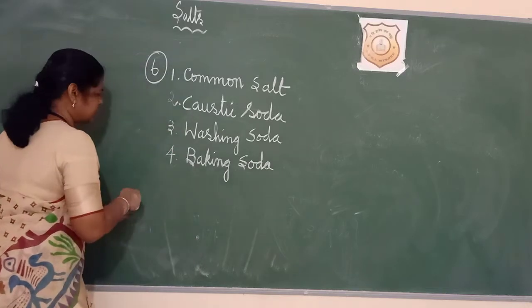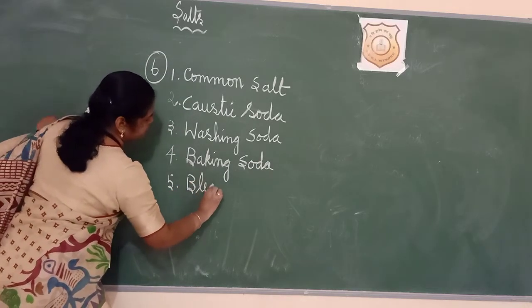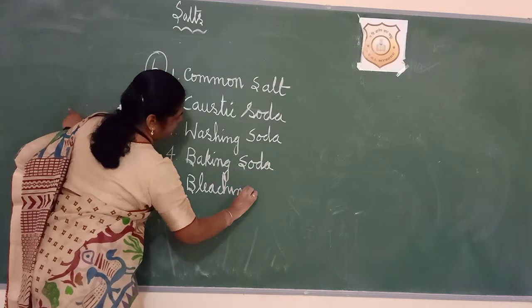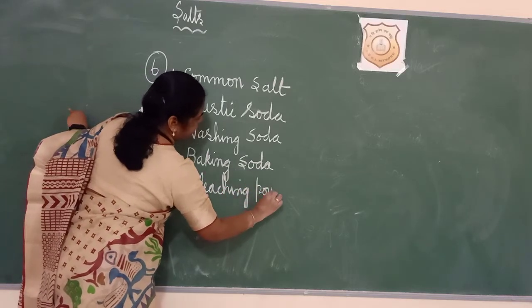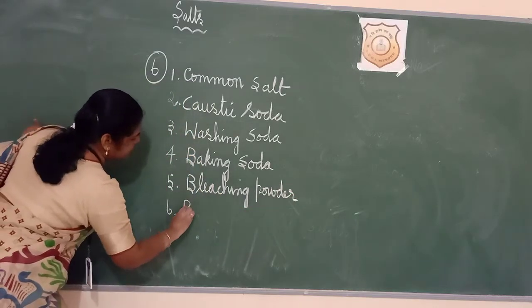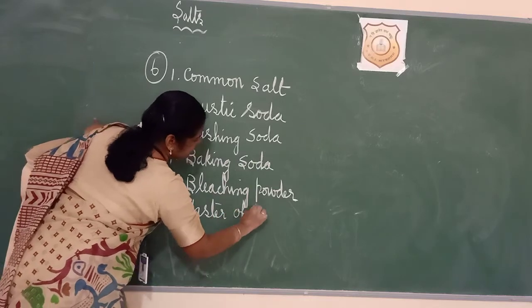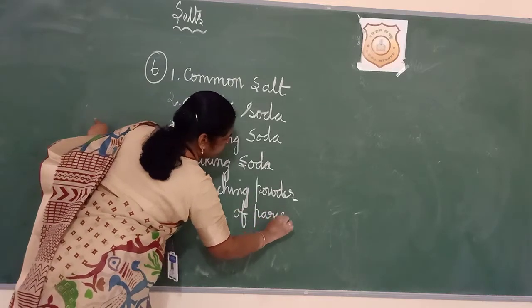The fifth one is bleaching powder. And the last one is plaster of Paris. These are the 6 salts we are going to study in detail.